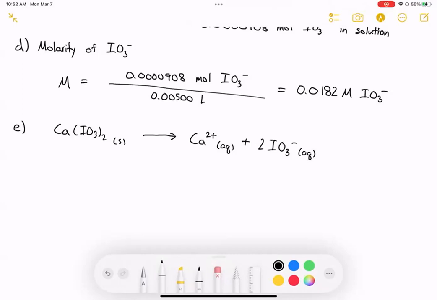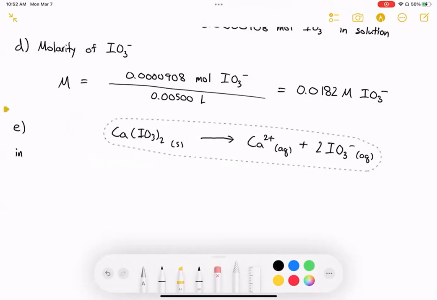And now we have our initial conditions. Let me just move this over a bit. So our initial conditions and final conditions.